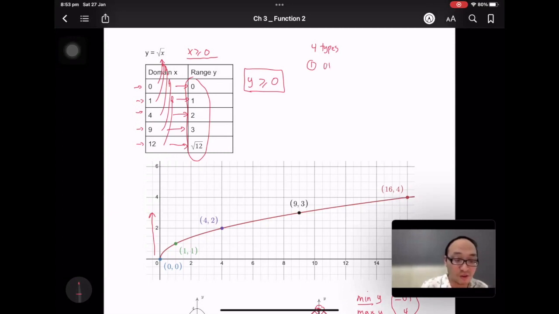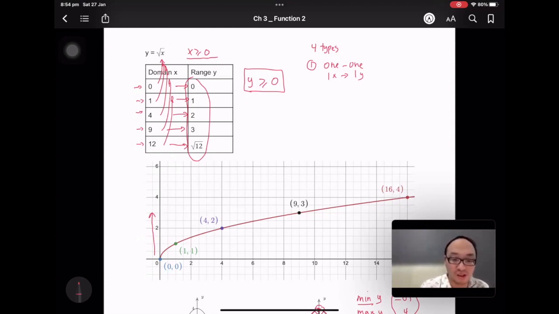First, we have one to one relation. One to one relation means one domain, one x, will have one y, one range.